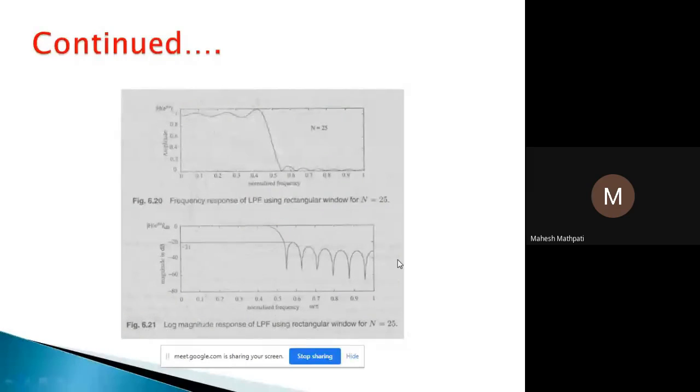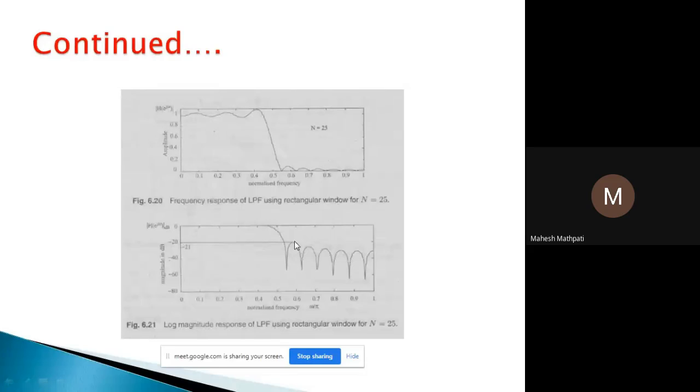Here again, we are observing the ripples which are present in the pass band as well as the stop band at N equals 25. And here the magnitude response is a constant value up to the cutoff frequency, and then there are ripples present in the stop band again, right?